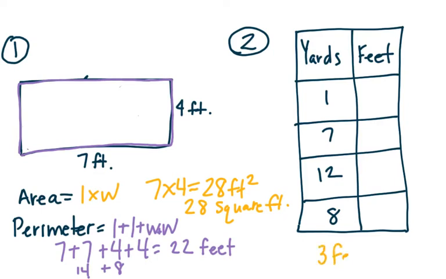A bit of a reminder that there are 3 feet in 1 yard. So in order to convert yards to feet, I'm going to multiply by 3. So let's see if you can fill it in before I do.